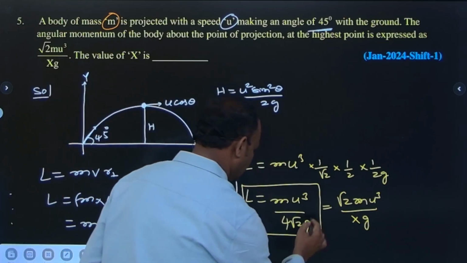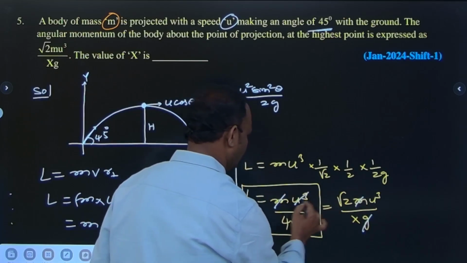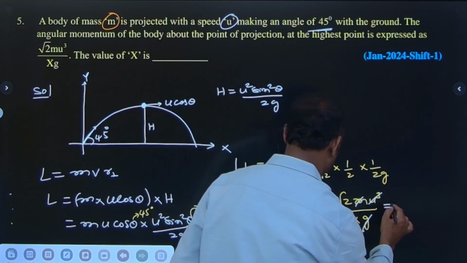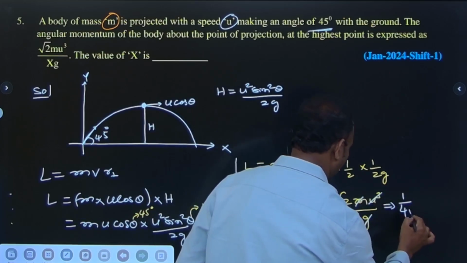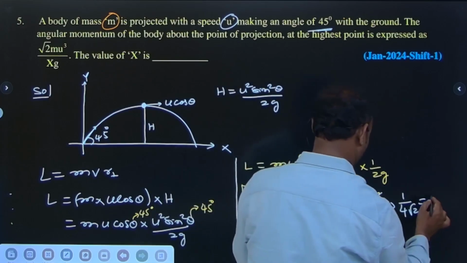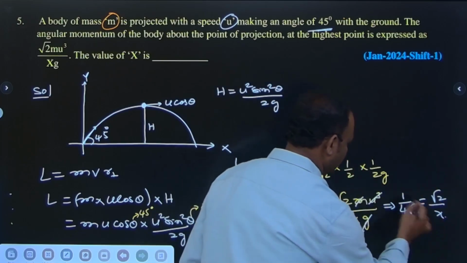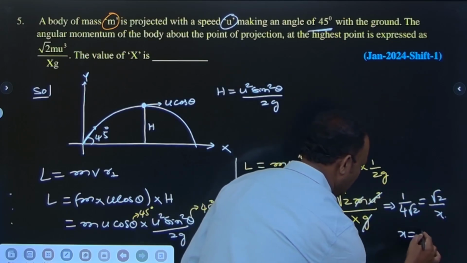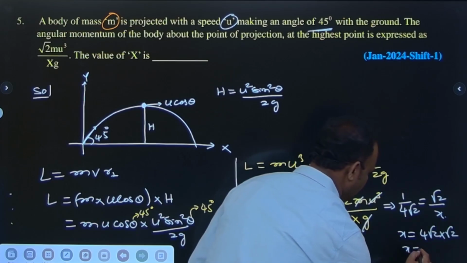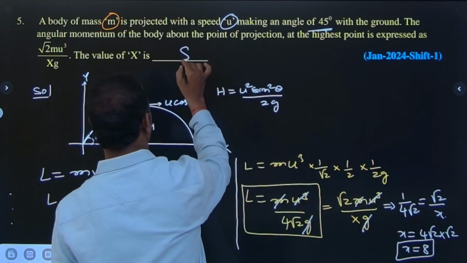Here g and g cancel, m and m cancel, u cube cancels. Then 1 by 4 root 2 is equal to root 2 by x. So x is equal to 4 root 2 into root 2. x is equal to 8. Your answer is 8.